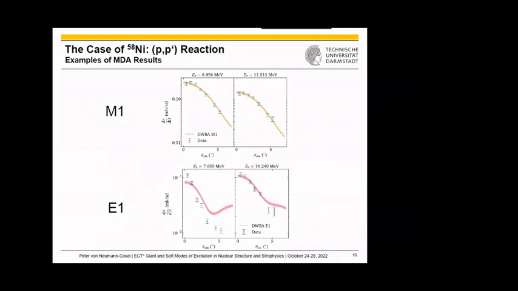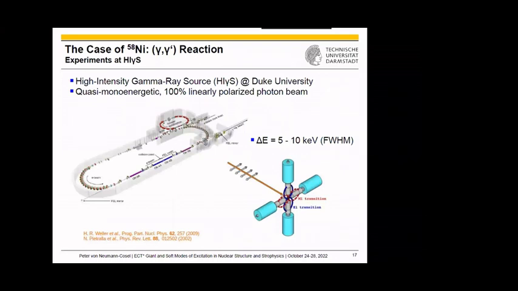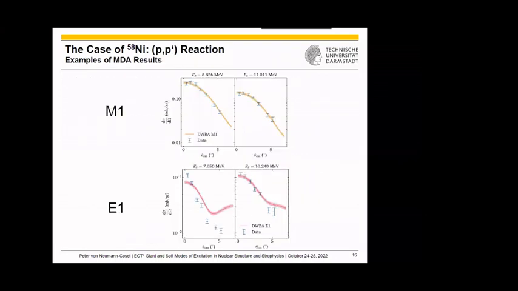And you can identify whether these are M1 or E1 transitions. And in general, we find that M1 is very well described by DWBA. This angular distribution always looks alike for all these spin flip M1 transitions. And the thing is, they peak at 0 degree. That makes this close to 0 degree measurement selective.